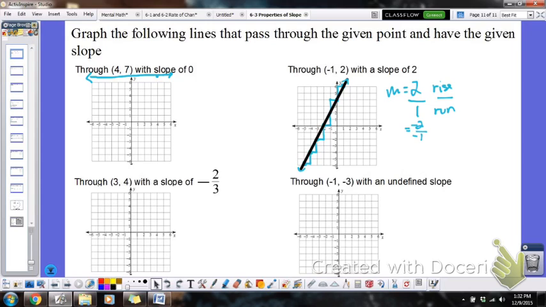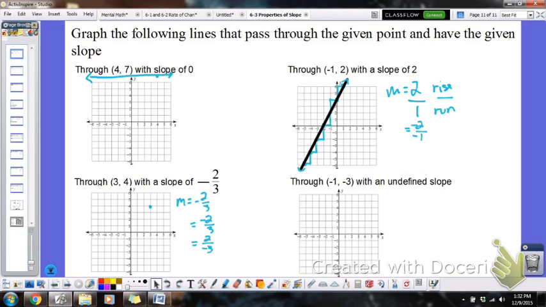The next one, we have through the point (3, 4) with a slope of -2/3. So through the point (3, 4), so go over 3 up 4. And I know m is equal to -2/3. Well, I can write -2/3 as -2 over 3 or 2 over -3.